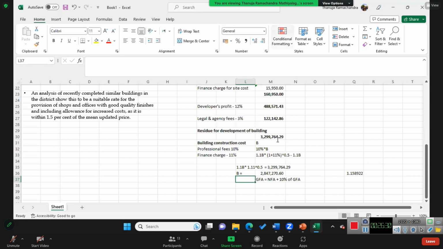Madam, what does that circulation mean there, madam? Yeah, circulation space. Not the usable floor area. Part of the gross floor area is not usable area, not used for the functional area, not considered for the functional area, right?